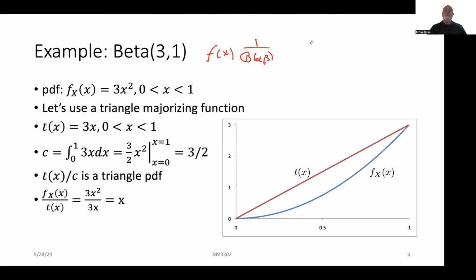There's something called a beta function, and then x to the alpha minus 1, 1 minus x to the beta minus 1. That's the general form, and that's for x's between 0 and 1. The beta function is actually the integral of this guy from 0 to 1.